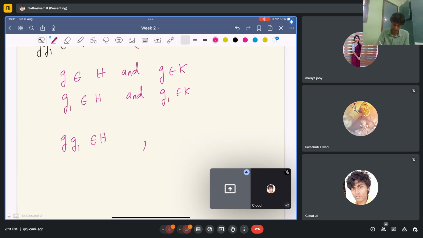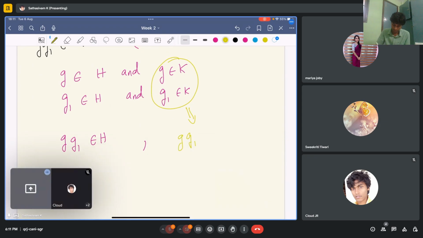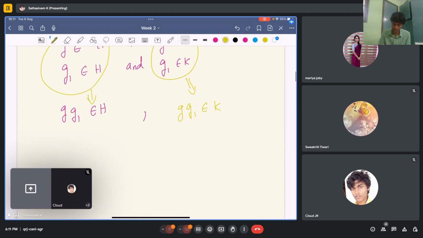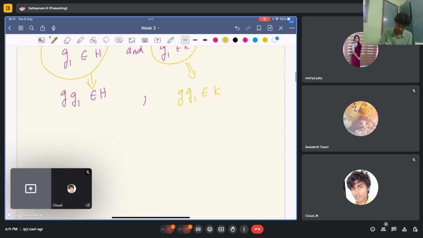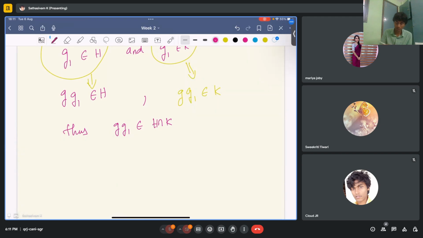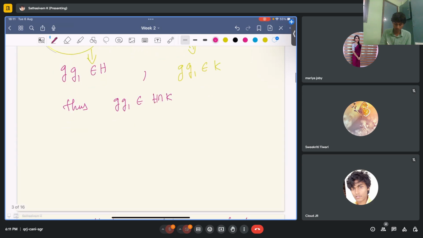And similarly, g g1 belongs to K. And these two things together imply that the product g g1 belongs to both H and K, and hence to H intersection K. Okay, so the closure is done. So what about the associativity? Associativity follows easily, right?